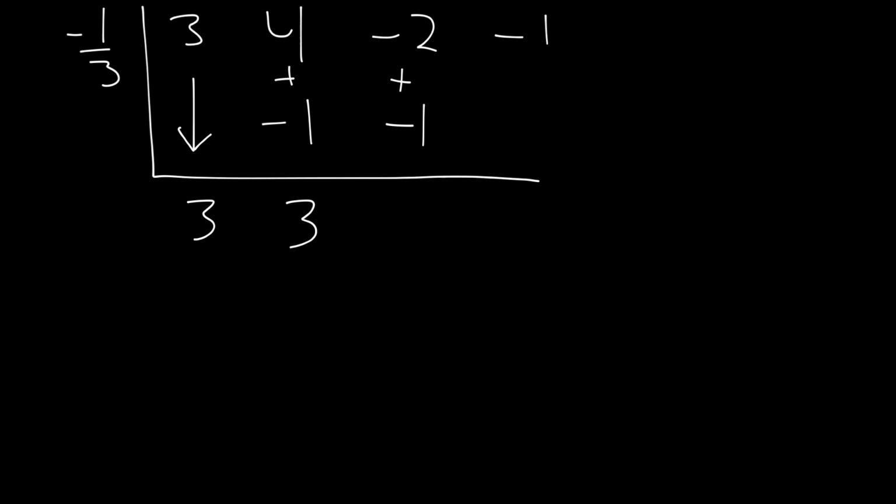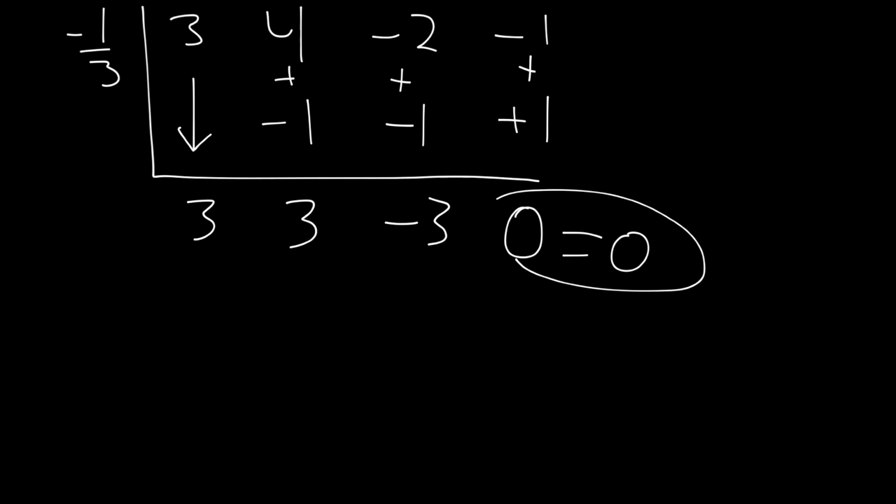Minus 2 plus minus 1 is minus 3. Minus 1/3 times minus 3 gives positive 1. And minus 1 plus positive 1 gives 0. Alright, we finally have our final number equal to 0.